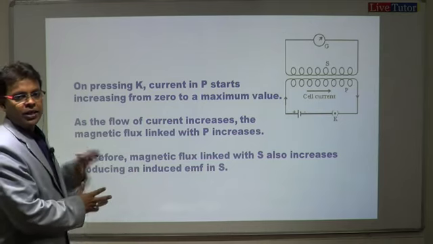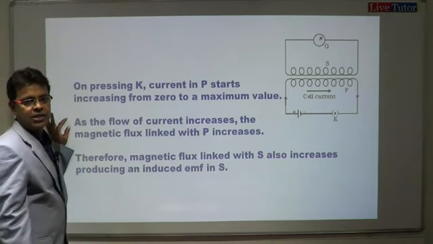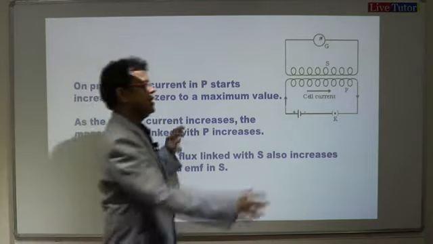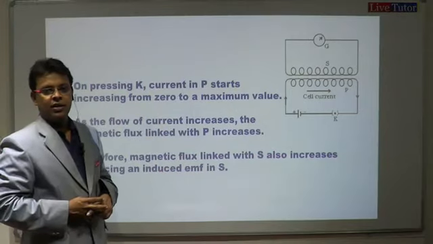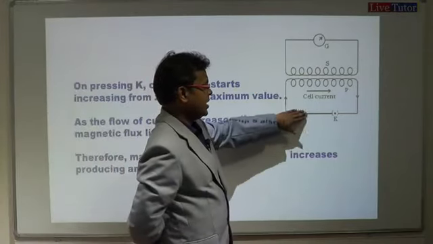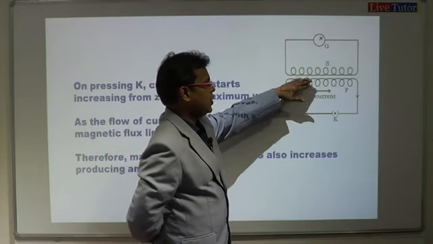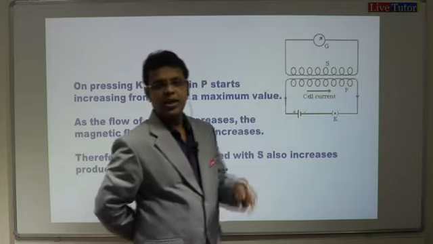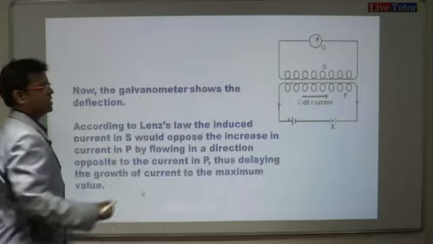Therefore the magnetic flux linked with the second coil also increases, so that it produces an EMF in the second coil. You understand? So this is what we say mutual induction. The change in the current in the first coil produces an induced EMF in the other coil, right? This is how mutual induction is created.